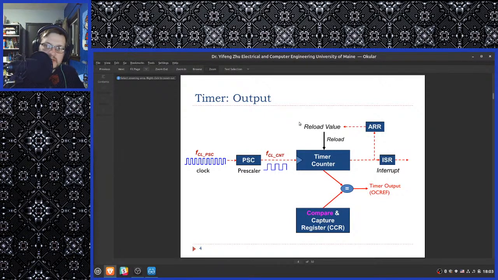So all that the prescaler is doing, right, is it's another counter, very similar to this timer.